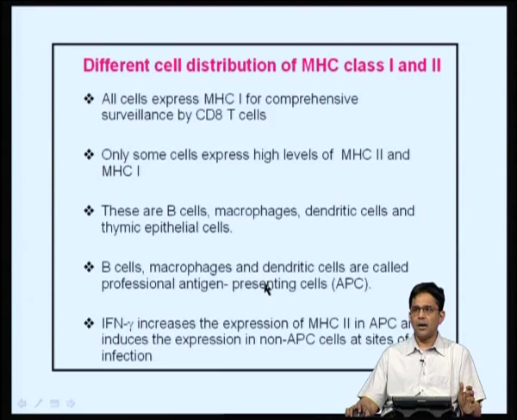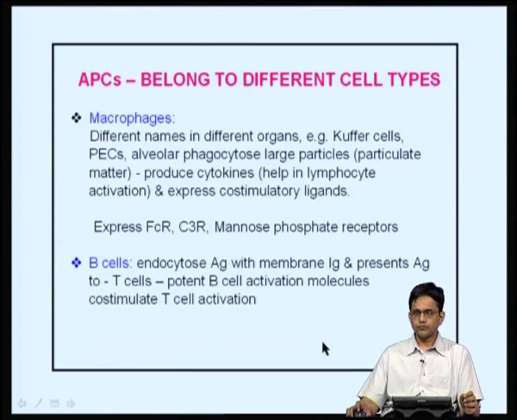This bunch of cells is called the professional antigen presenting cells, and interferon gamma increases the expression of MHC class 2 in APCs and also in non-APCs at sites of infection. Now, we can discuss a little bit about these antigen presenting cells, primarily because of MHC class 2, which shows a restricted cell type expression.